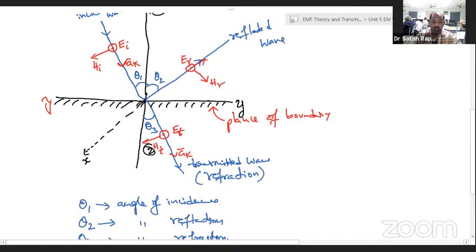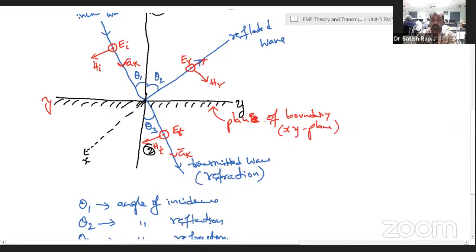So the plane of boundary is the xy plane.